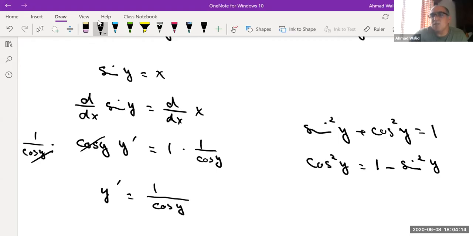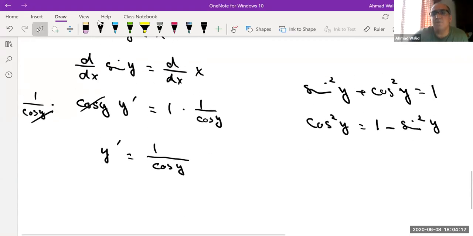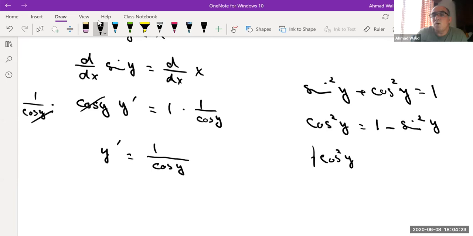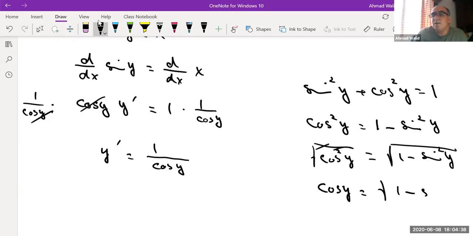Let's solve it for cosine y. It means take the square root from both sides, correct? The square root of cosine squared y equals the square root of 1 minus sine squared y. Here, these two cancel out. Cosine y equals the square root of 1 minus sine squared y.